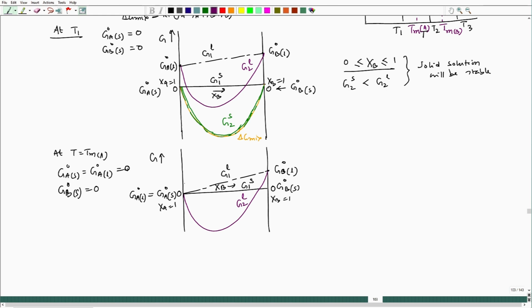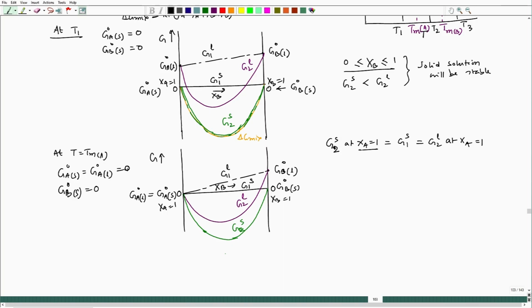This is G2 solid and this is G1 liquid, and interestingly you will see that G2 solid at XA equal to 1 is equal to G1 of solid at the same composition, equal to G2 liquid at XA equal to 1.